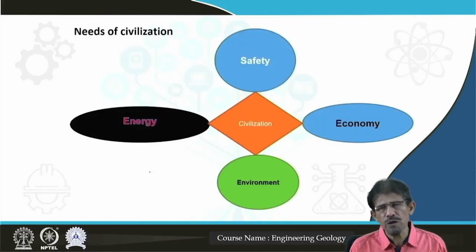If we look at the needs of civilization, progressive civilizations need energy, economy or prosperity, stability, safety and a clean environment. Society needs energy and economics, but in a safe manner, not in an unsafe manner.